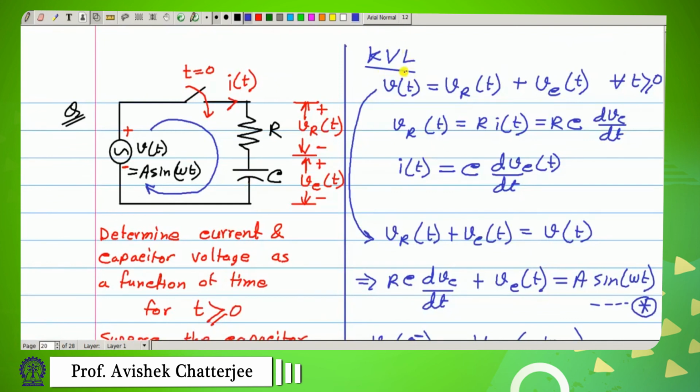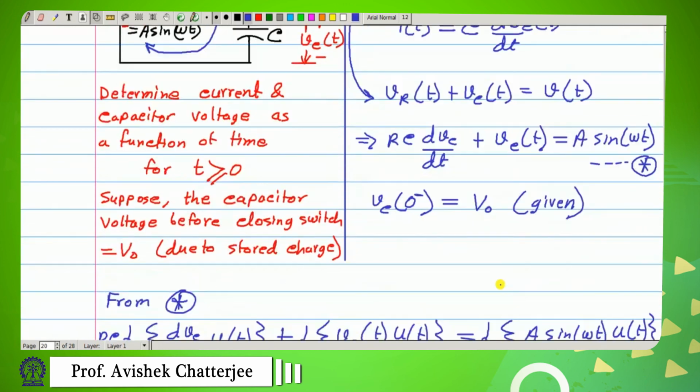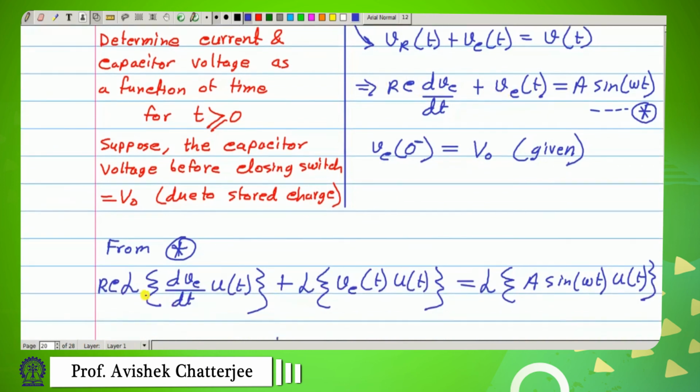See, we started from the KVL equation in this loop. From that we wrote this differential equation, and then we took the one-sided Laplace transform of this differential equation, and we got this.